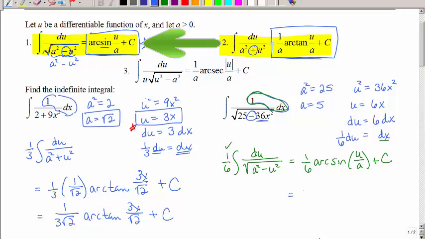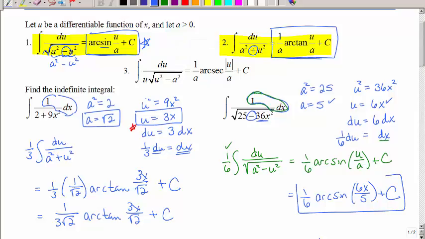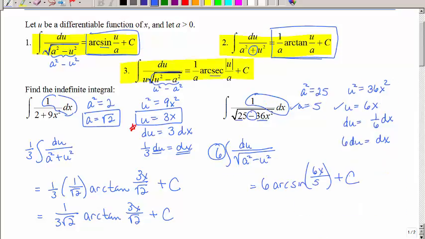Going back in terms of x, that would be 1/6 times the arcsine of 6x over 5, u over a, plus c. Keeping in mind that arcsine is the only one that doesn't have that 1 over a in front. So again, we're starting out with some easy ones that just kind of follow the formulas.